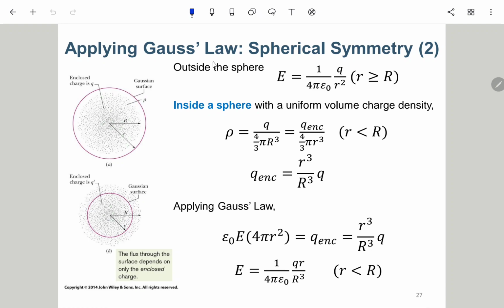Okay, so let's finish this part and then we have a break. Here we still apply the Gauss law for the spherical symmetry.